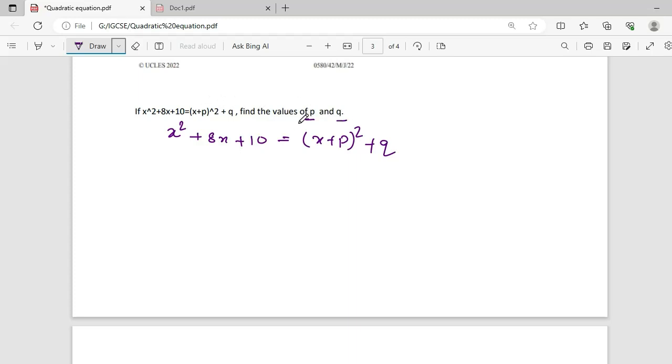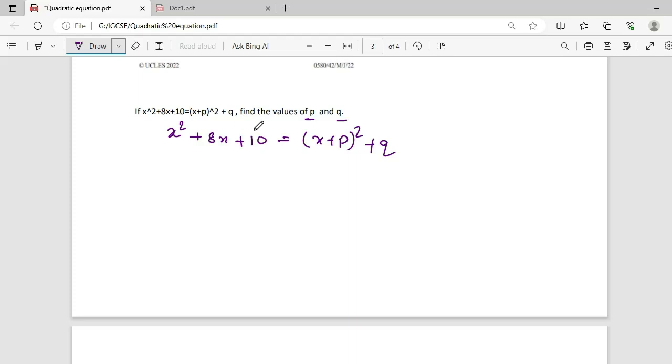Okay, so either we have to expand the left hand side, or we have to make the right hand side in the required form. Let's solve it, then we'll see. So if we try splitting the middle term, we have to check whether it is going to help or not.